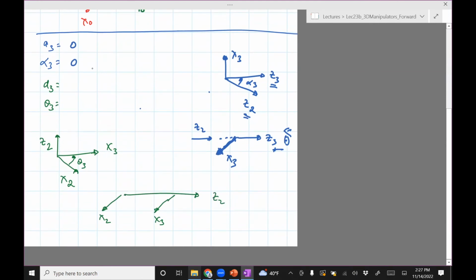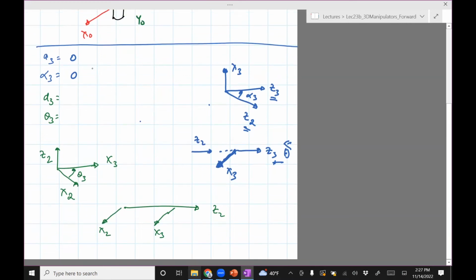Okay, so in order to compute theta 3, it's going to be the angle between x2 and x3 about the z-axis. So when you look at it this way, you see that x2 and x3 are collinear. You see them exactly on top of each other when you look at it through z2.